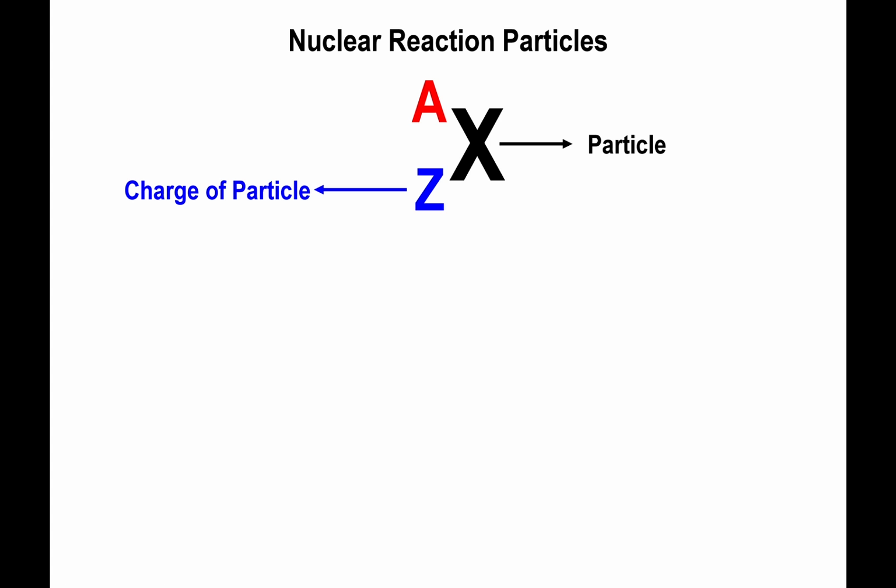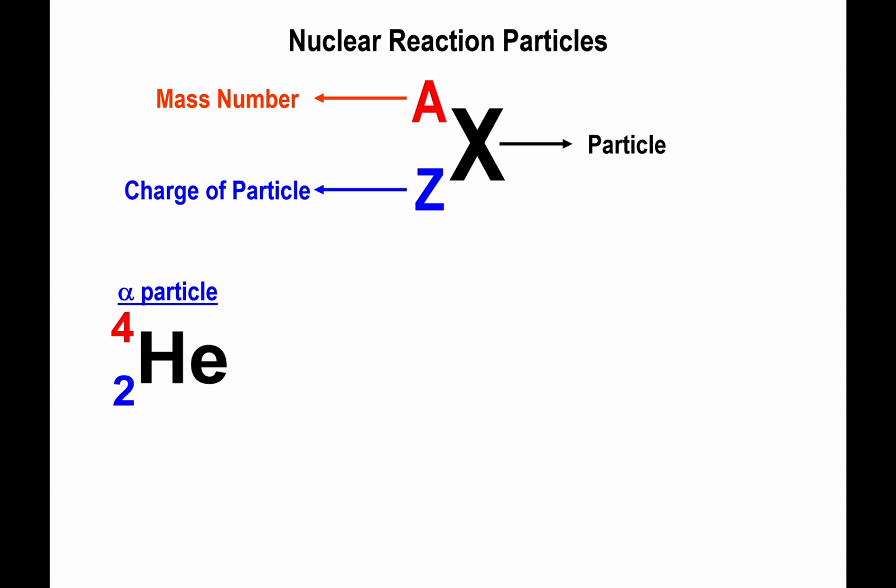If you think about it, the atomic number of the element is the number of protons, and the protons have a positive charge. So the total number of positive charge is what you're really inputting into this thing. So this actually goes hand in hand. A still stands for the mass number, so we're still going to associate that to the mass of a nucleus.